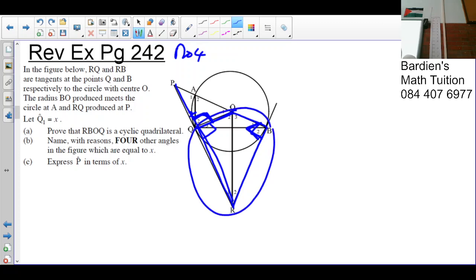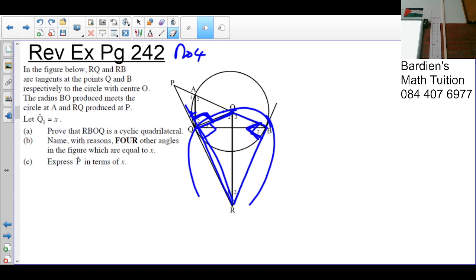So that means this is a cyclic quad. Make sense, people? If you don't see it, ask yourselves, if that was a cyclic quad, what could I have said? Then those three things come into play. So to prove it's a cyclic quad, I prove that one of those three properties is evident.